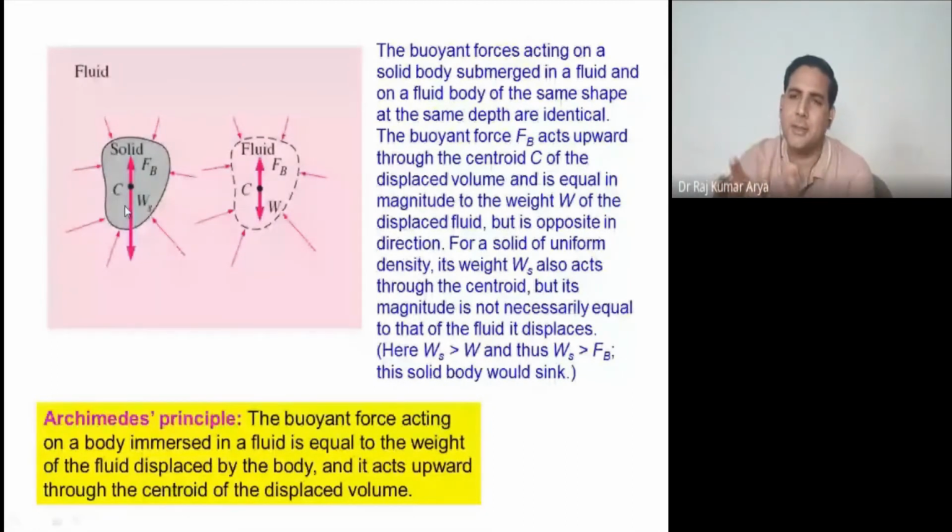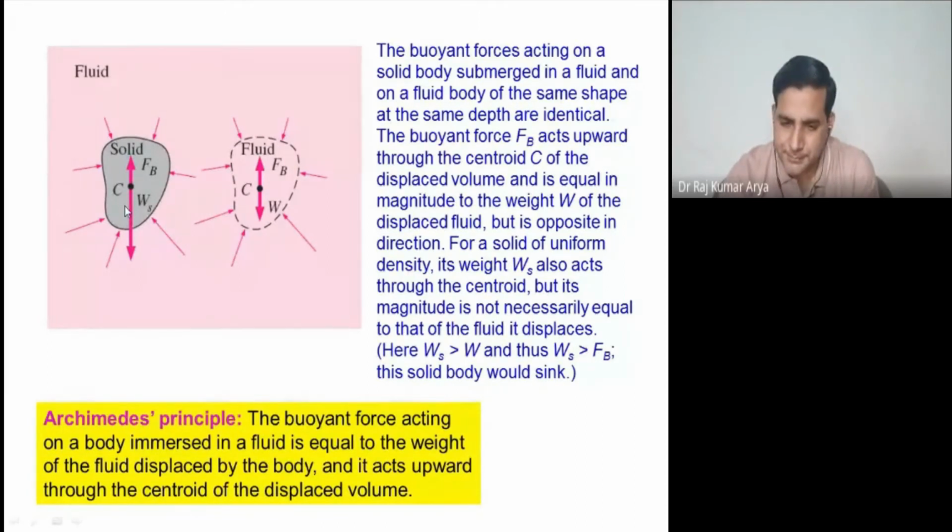Because if you move here and there, you will become an unstable equilibrium. And sometimes if this toppling movement becomes more, you can topple down and finally your boat will turn upside down, right? Correct or not? So these two forces should lie in the same line in the stable equilibrium condition.